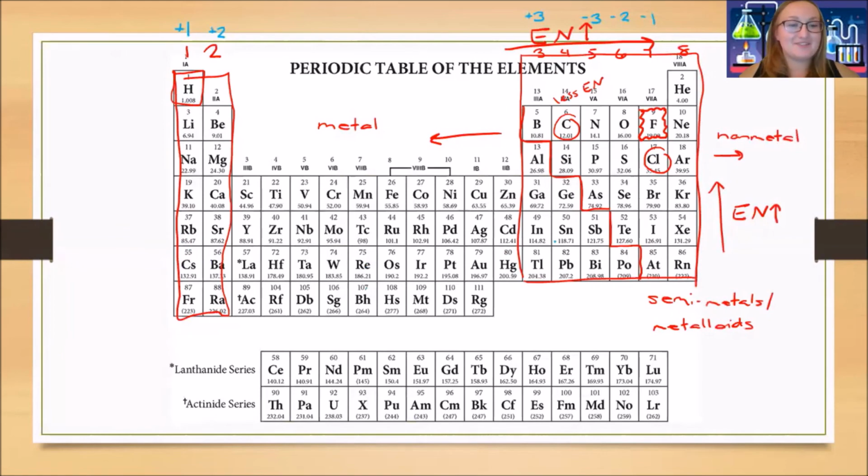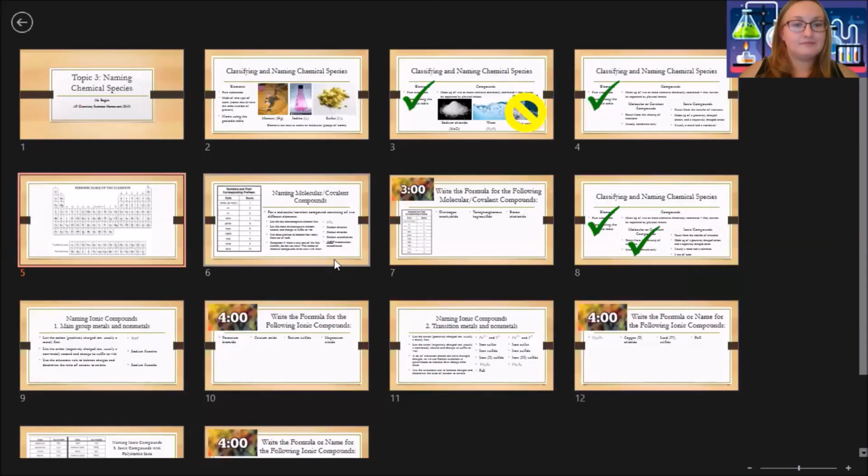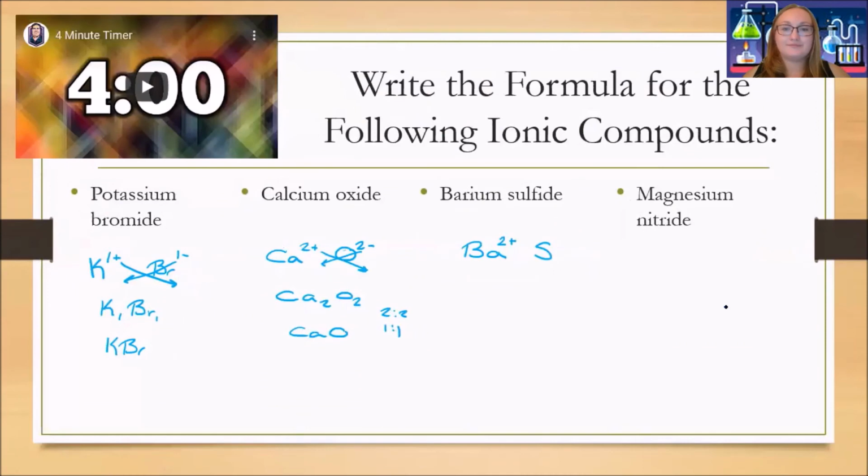Yep, barium does have a +2 charge. And sulfur also has a -2 charge. Use the crisscross rule, and I get Ba2S2. We, of course, reduce our ratios, and I get BaS.